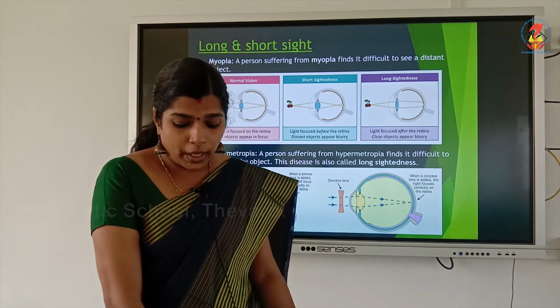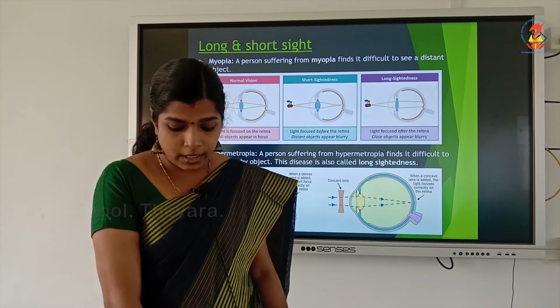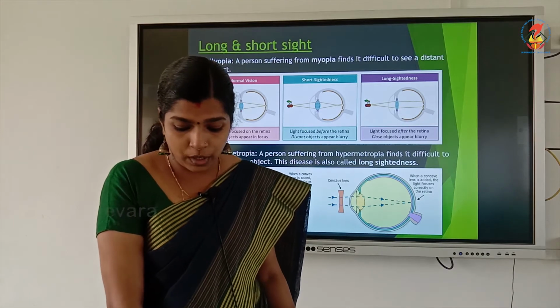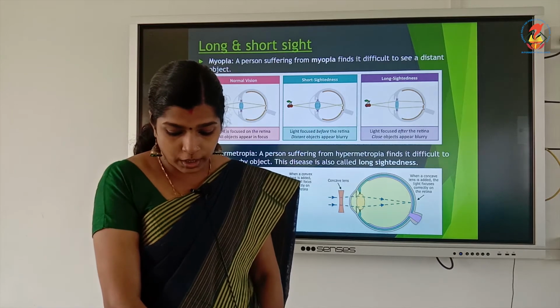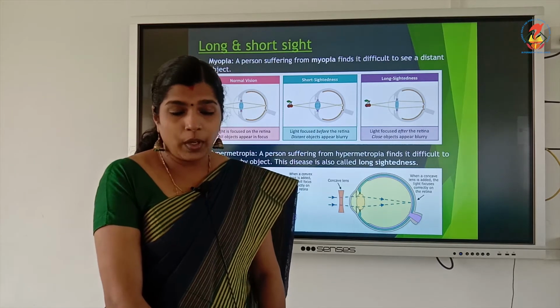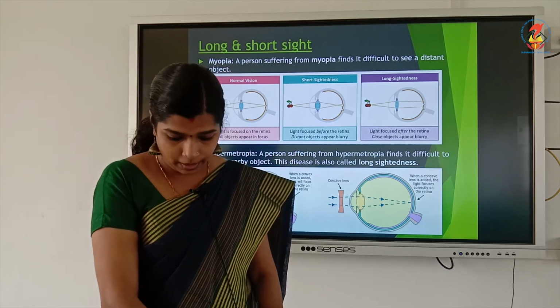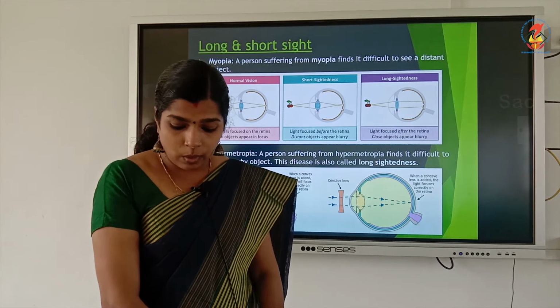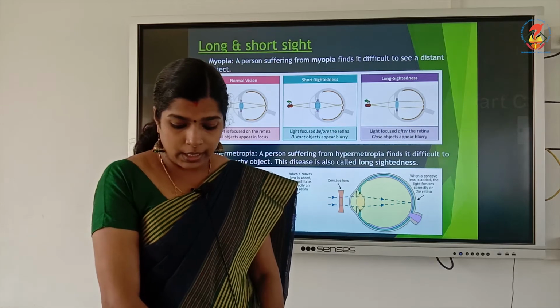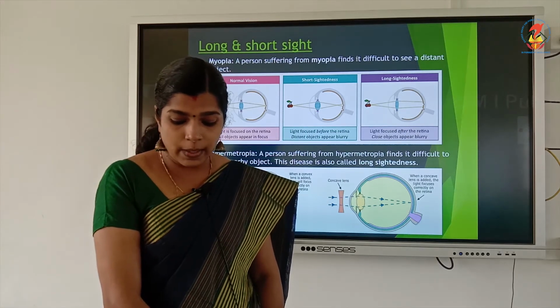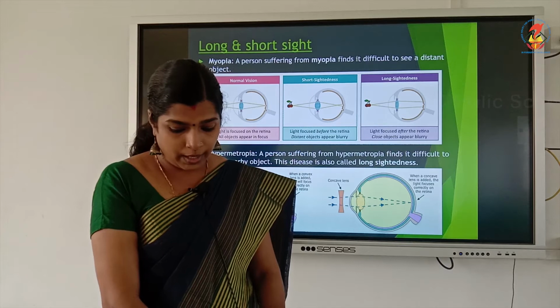Nature has provided eyes with eyelids to prevent any object from entering the eye. Eyelids also shut out light when not required. The eye is such a wonderful instrument that it normally can see distant as well as near objects clearly.